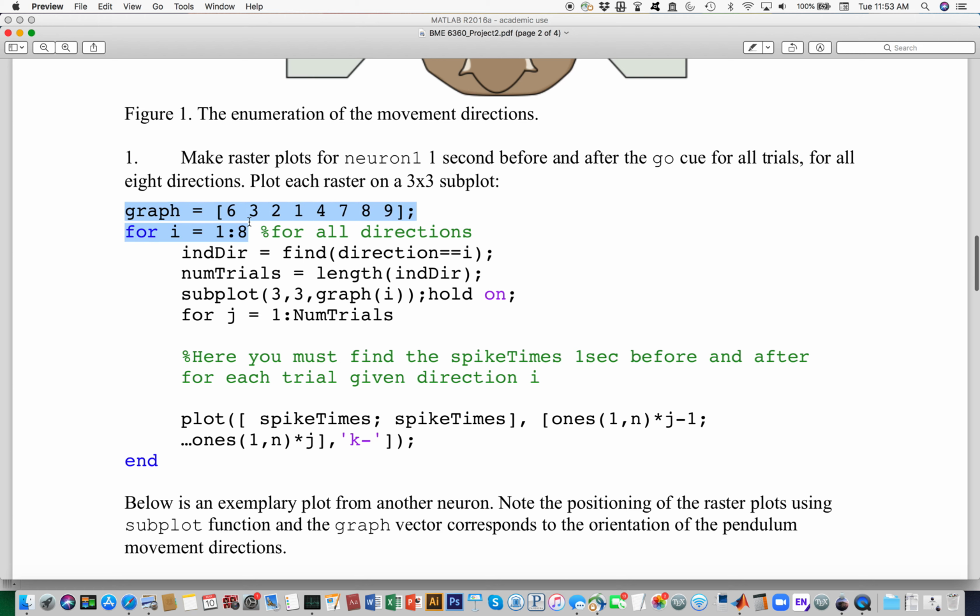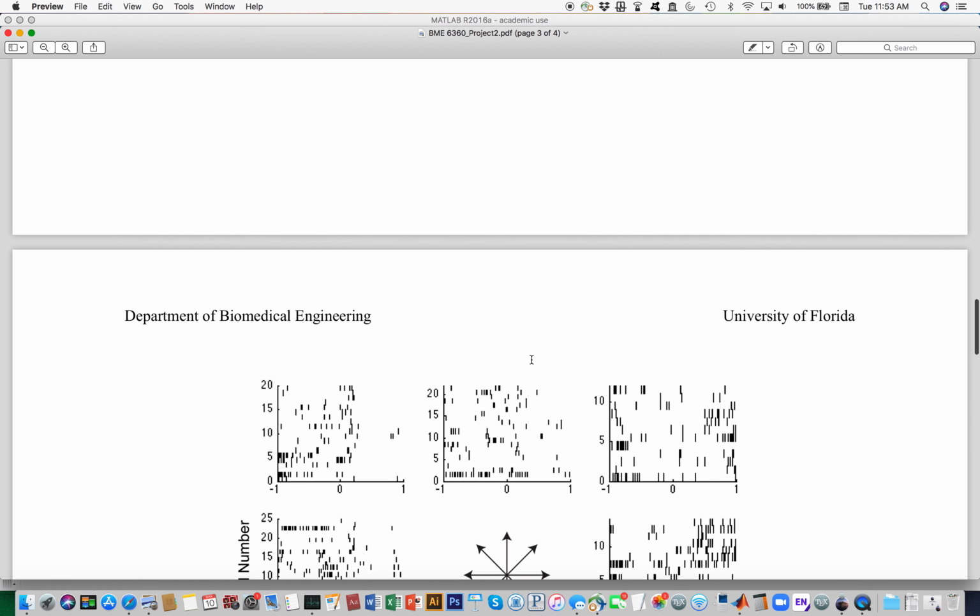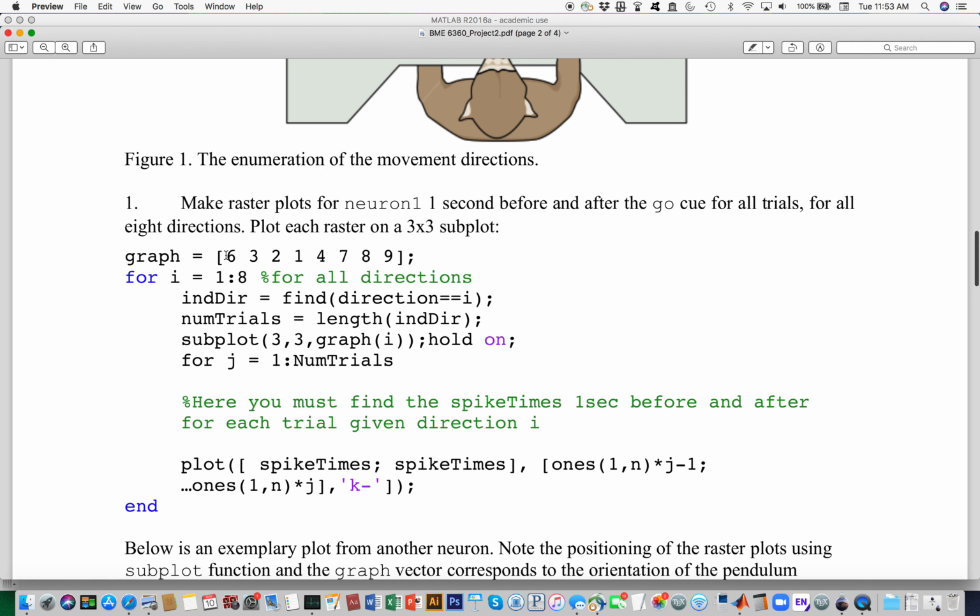I created a new variable called graph, and it puts, for all 8 directions, where the raster plot for that direction needs to be plotted. For instance, the first entry is 6, because I want the first direction to be in spot 6. Spot 5 is going to be empty, so there's no 5 in this vector.